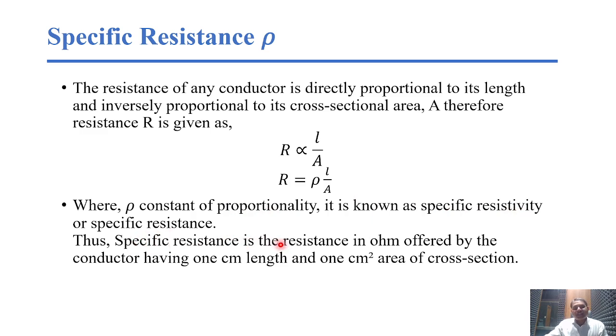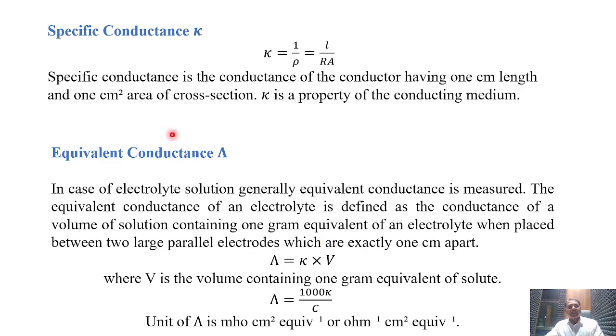The specific resistance is the resistance in ohm offered by a conductor having 1 centimeter length and 1 square centimeter area of cross section. So it is the specific resistance rho of the conductor. Then specific conductance K. The relation between specific conductance and specific resistance is that they are reciprocal of one another.